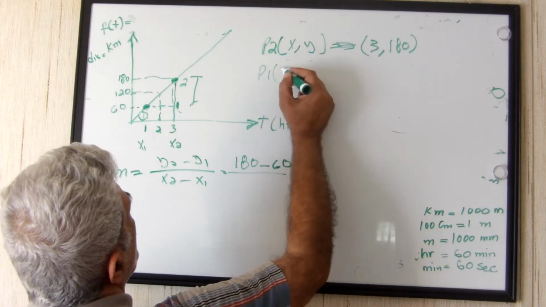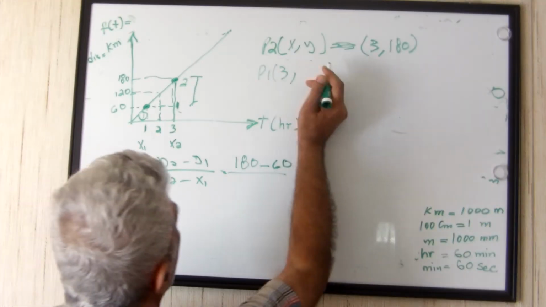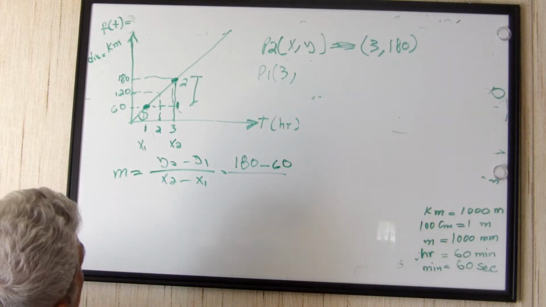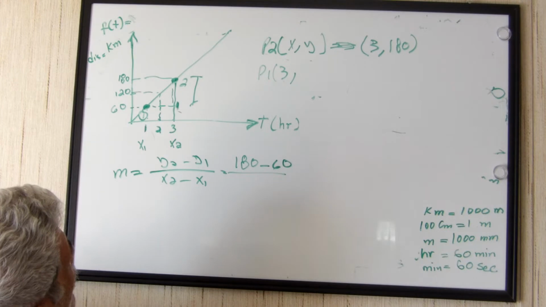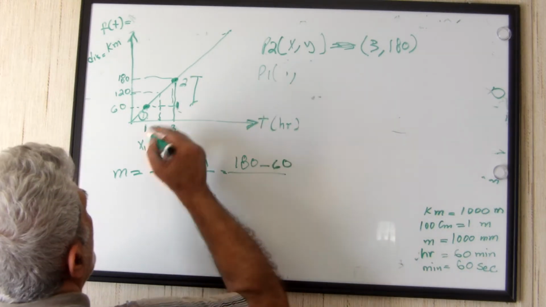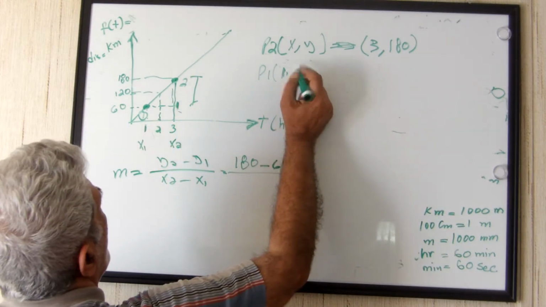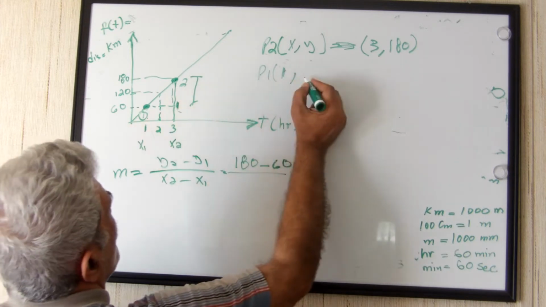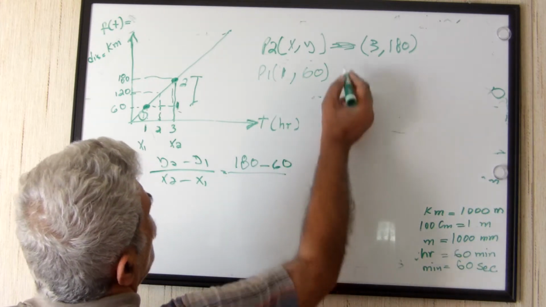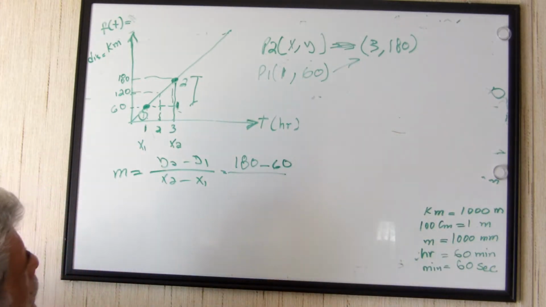X is going to be 3, and y is going to be 180. X and y mean horizontal axis and vertical axis. The horizontal coordinate is 3, and the vertical is 180. And for point 1, x is going to be 1, and y is going to be 60. We have two points here.